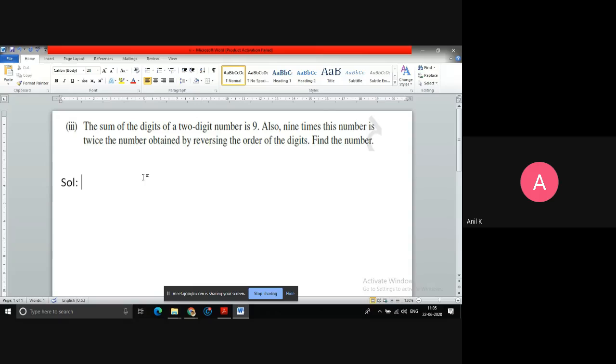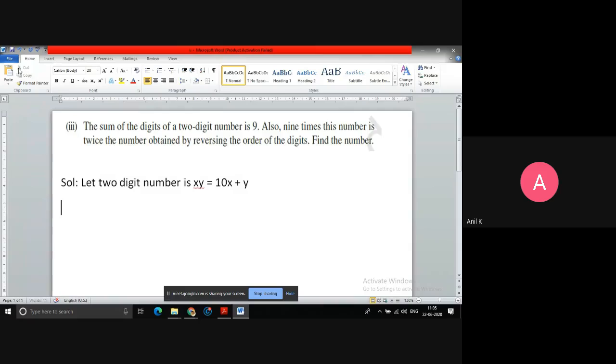So the first step we do is, let the 2-digit number be xy. So this can be written as 10x plus y. Why am I writing this as 10x plus y? Because it is a 2-digit number, so I can express it as 10x plus y.